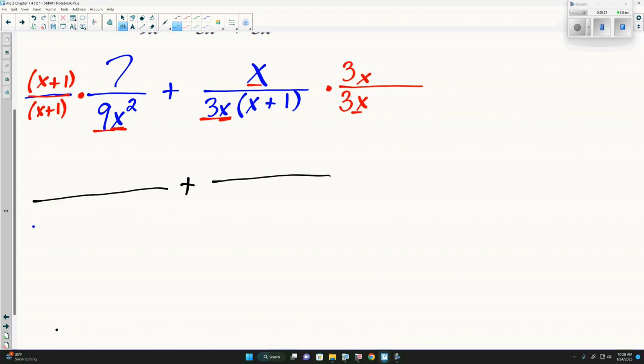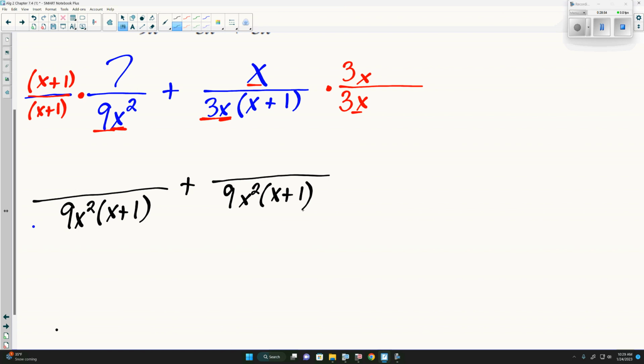So x plus 1 times 9x squared. Well, that's just 9x squared times x plus 1, yes? Not too much. The one on the right, 3x times 3x. 3 times 3 is 9. X times x is x squared, and we still have the x plus 1. Were we able to make both denominators be the same?